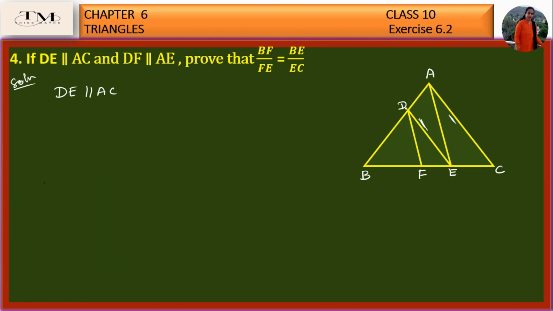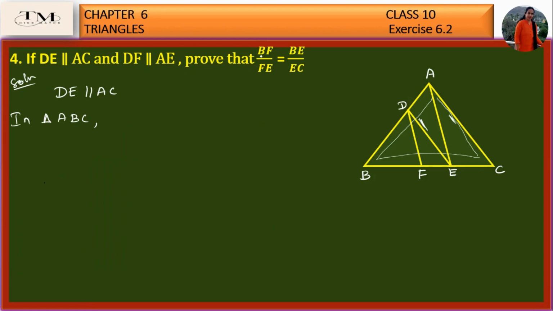So let us consider the triangle ABC, this full triangle. In this full triangle, we have DE parallel to AC.